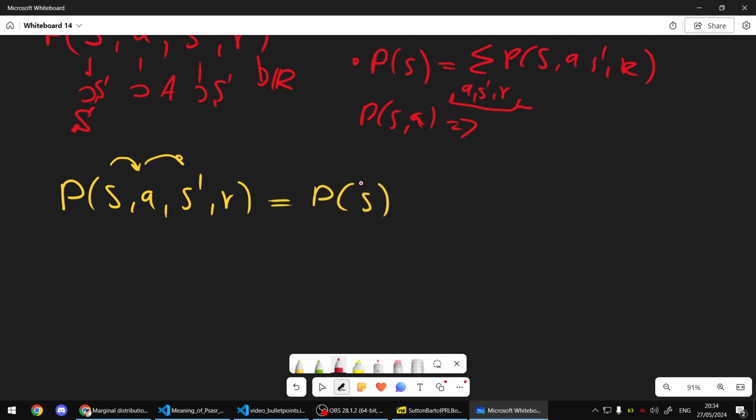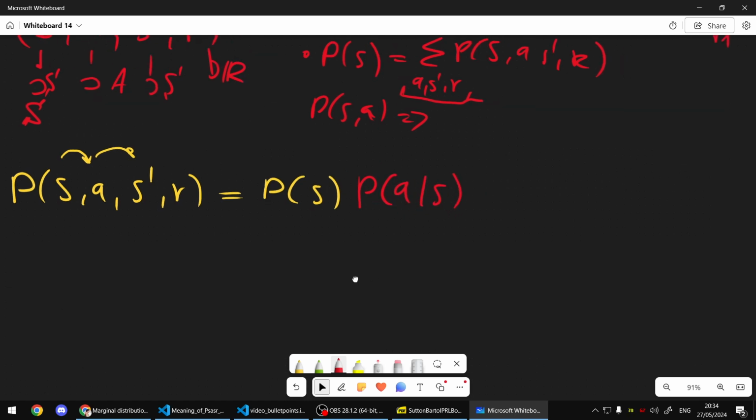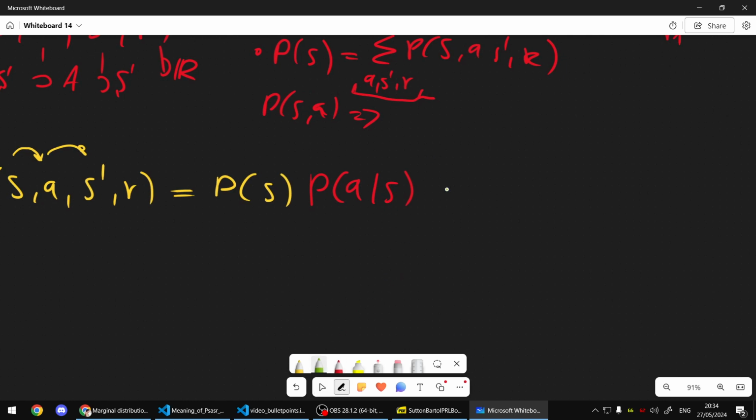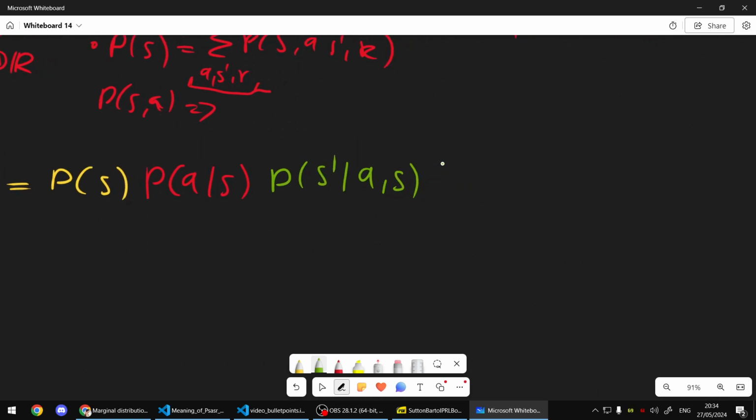So basically I can write the probability that state S is observed. Then I can write the probability that from state S someone took action A. I can go further and say the probability that you end up in state S prime, given that you took action A and took it from state S. And finally I can say that I got a reward R by doing this journey of choices.